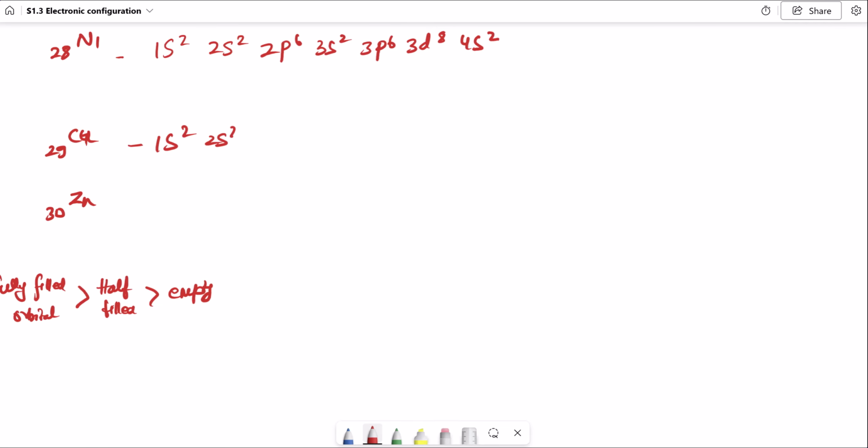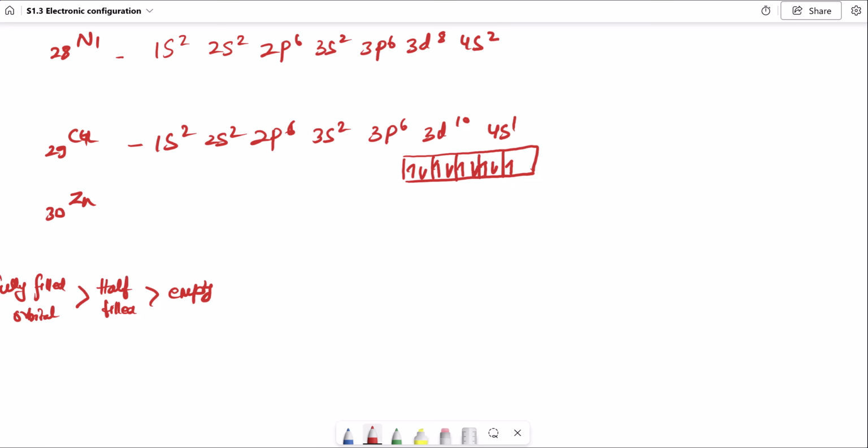Copper: 1s2, 2s2, 2p6, 3s2, 3p6, 3d10, then 4s1. Now if I'm going to put 9, what difference you will find is, let's say 1, 2, 3, 4, 5, 6, 7, 8, 9.